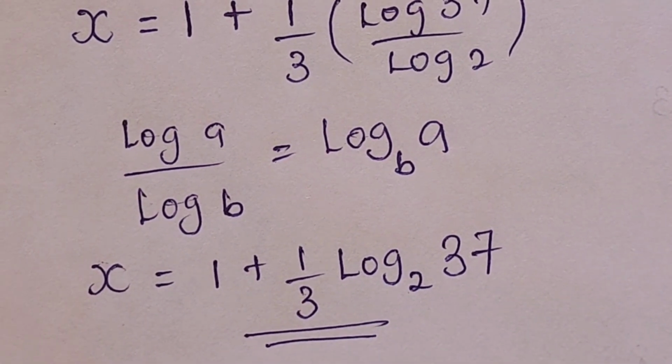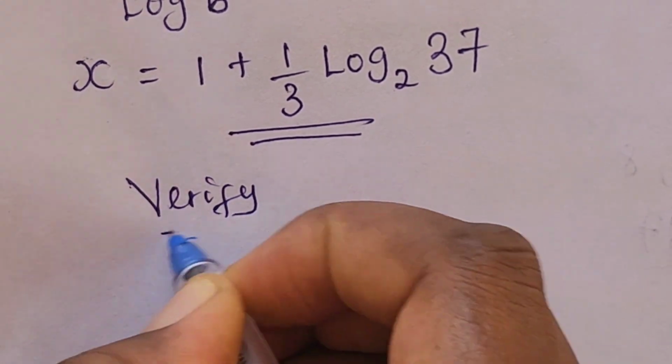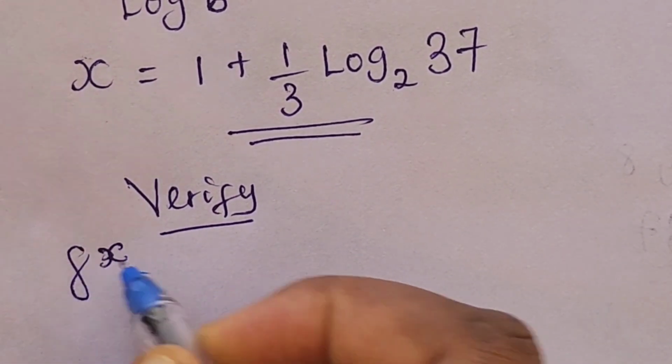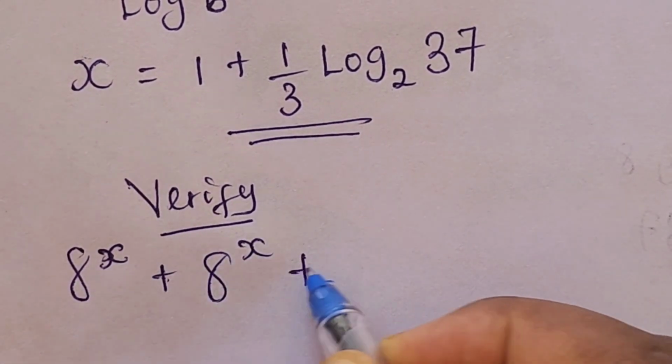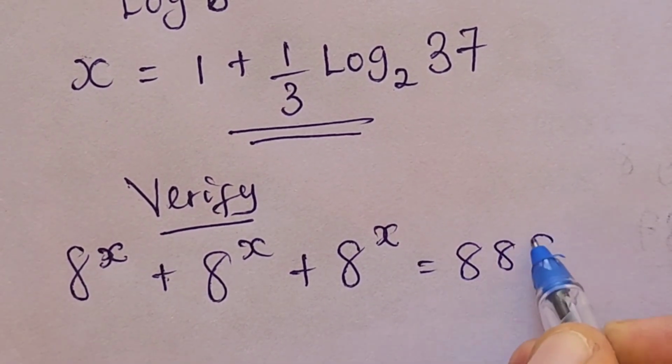So let's verify using the question. So let's recall the question. 8 to the power of x plus 8 to the power of x plus 8 to the power of x is equal to 888.